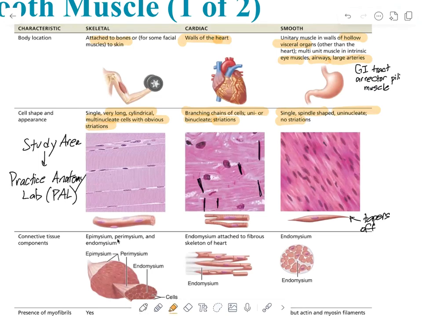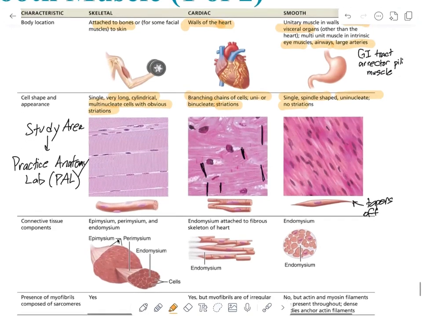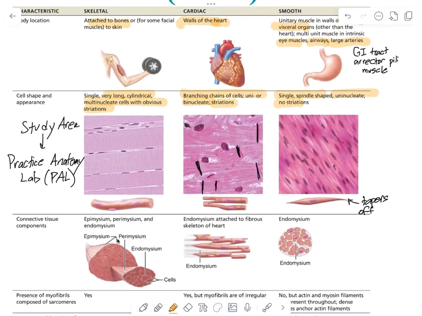The connective tissue components are shown in the next row, and we learn for skeletal muscle that it has epimysium, perimysium, and endomysium. Cardiac muscle also has endomysium around its individual cells, and there's endomysium in smooth muscle as well.